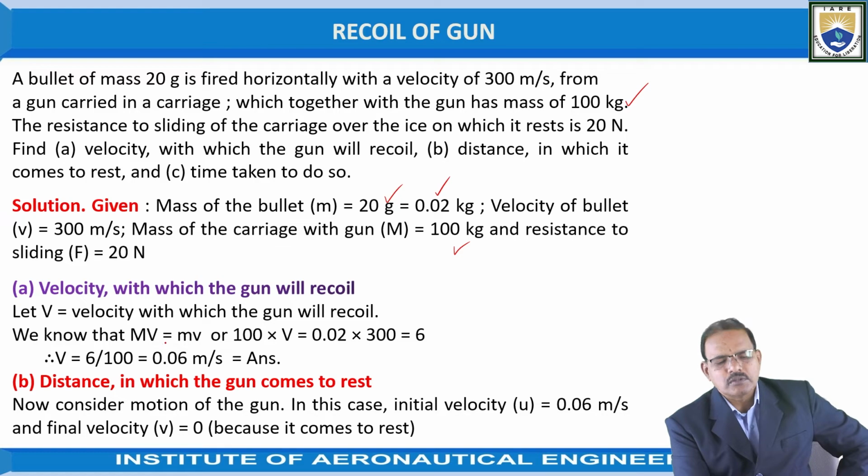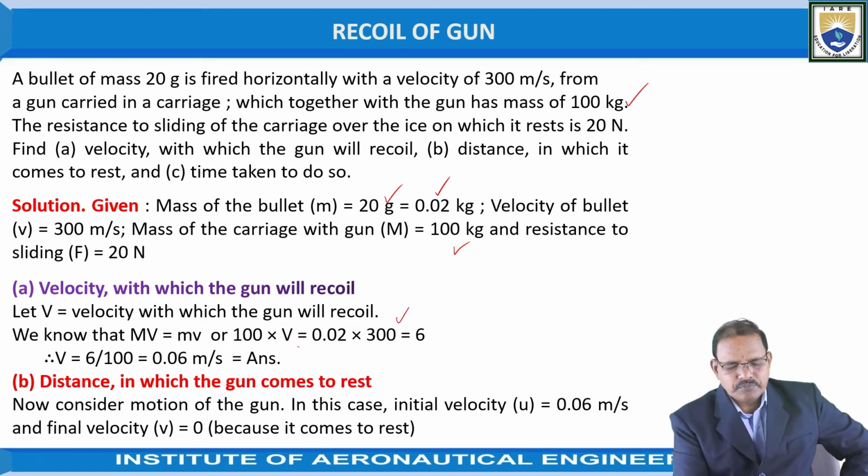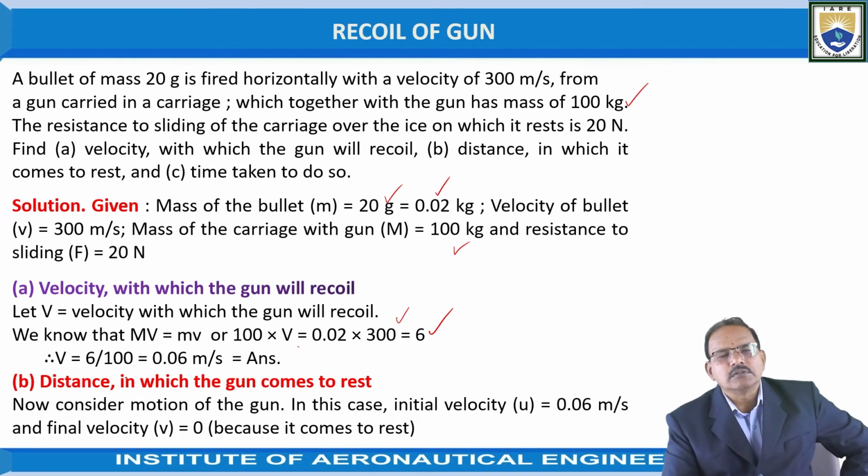Hence, M into V is equal to m into v, where capital M is equal to 100 kg into capital V, which should be equal to small m, representing the mass of the bullet, 0.02 kg, into the velocity, 300 meters per second. Hence, the velocity is equal to 6 by 100, or 0.06 meters per second.